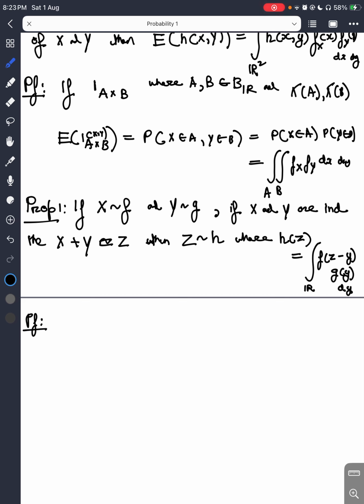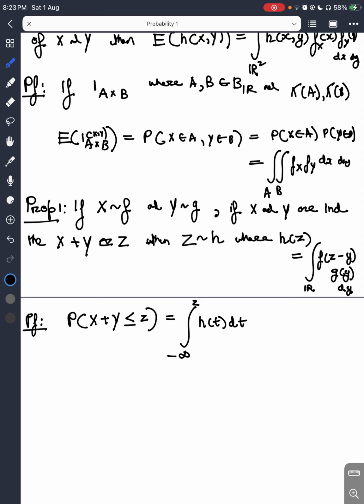We need to show that the probability that x plus y is less than or equal to z is the integral from minus infinity to z of h. The h we defined, h of t dt.